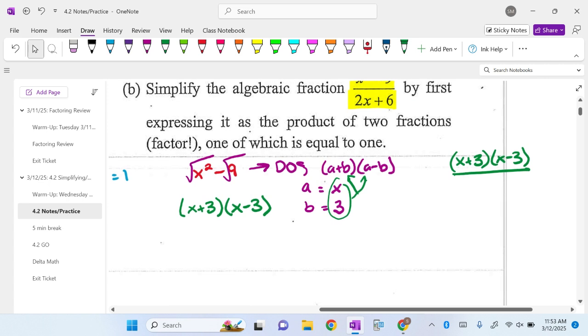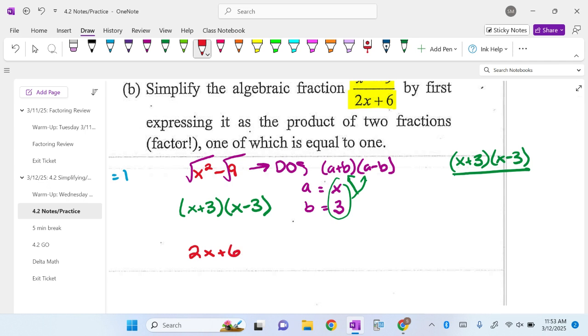Now I'm going to factor the denominator. So I have 2x plus 6. First off, is there a GCF? Yes. What is that GCF? 2. So I'm going to factor out a GCF of 2. So I'm going to divide both terms by 2. So I'm left with 2 times x plus 3. Can I factor that any further?